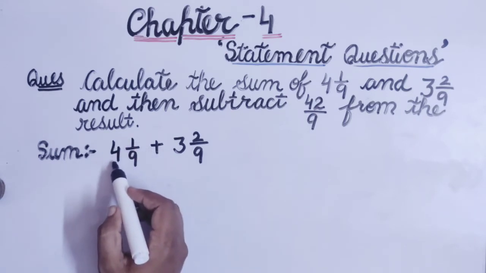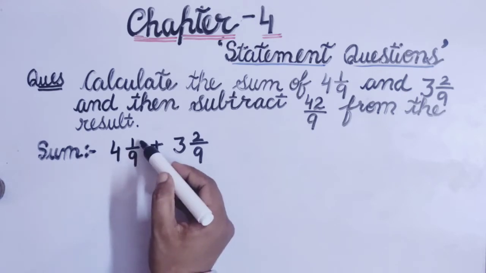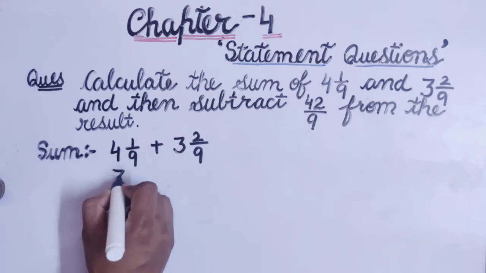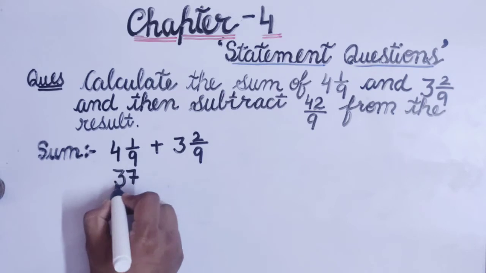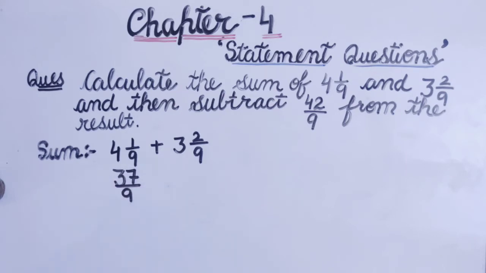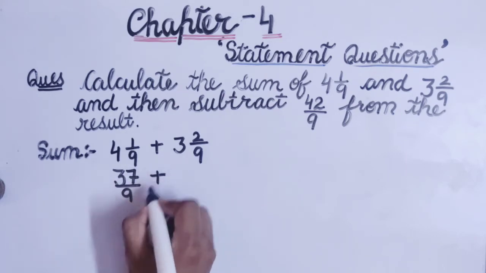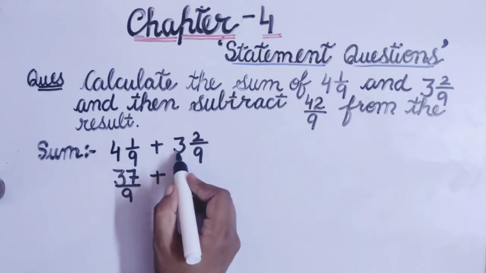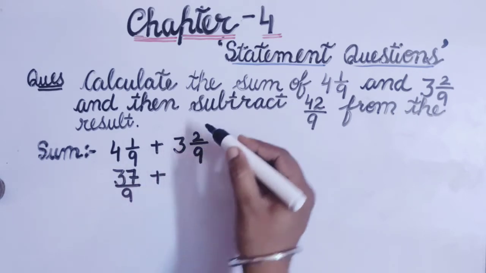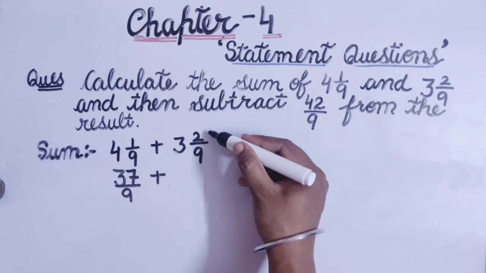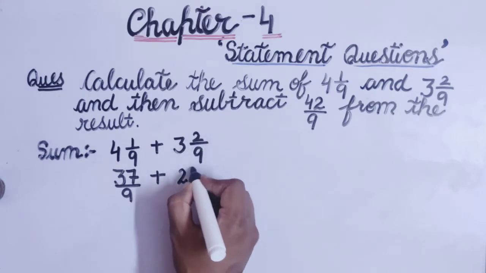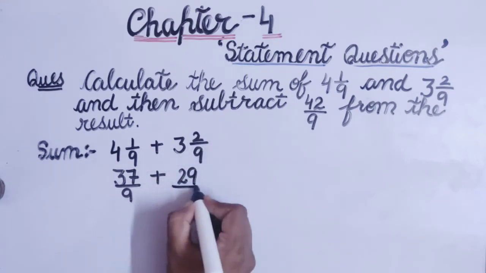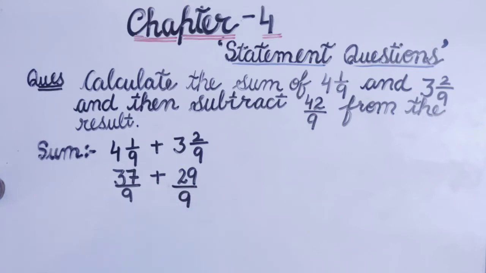So 9 4s are 36, 36 plus 1, 37. And at last, students, the denominator remains the same. In the same way, 9 3s are 27 and 27 plus 2 is 29. Denominator is 9, so we will also put the denominator as 9.